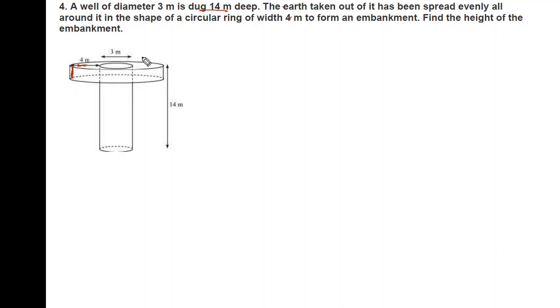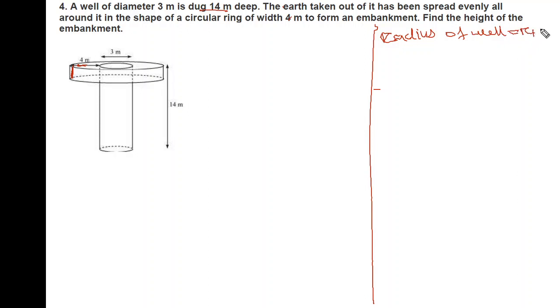So you can see this embankment is also in the shape of a cylinder. The well was already in the shape of a cylinder. Now the embankment is also in the shape of a cylinder. Now we will write what data are given. First thing, the diameter of the well is given. So we will write radius of well, you can say R1.